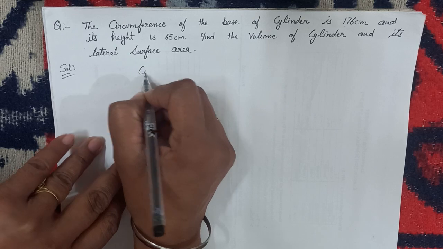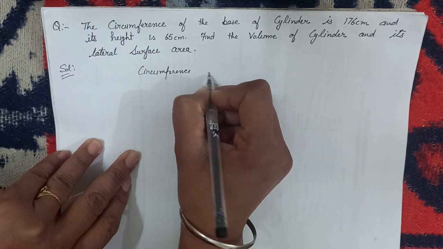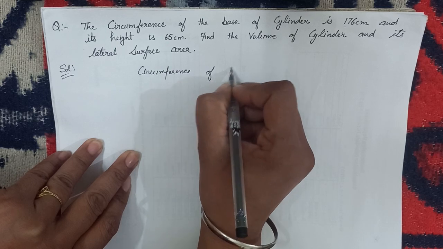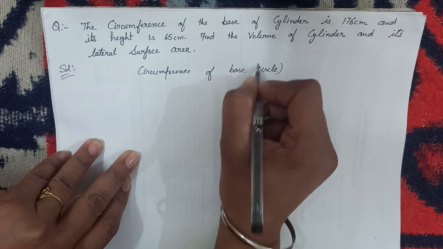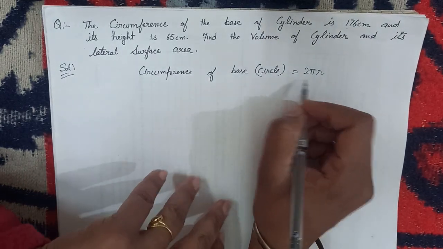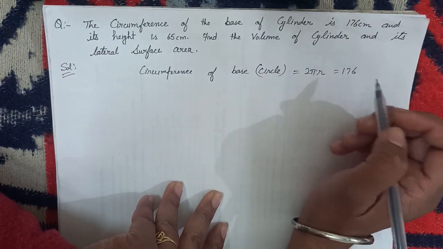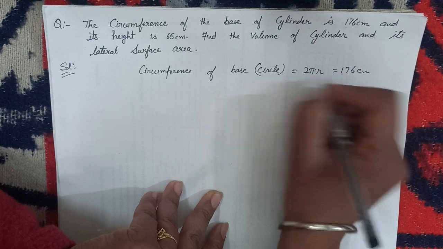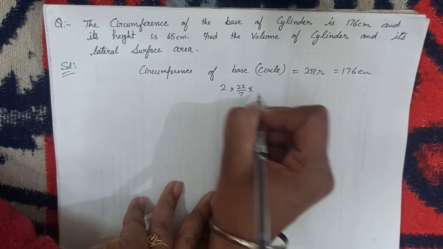Now circumference of the base, circumference of base means that's a circle, that is always 2 pi r. We are saying its formula is 2 pi r, but they have given us the value 176 centimeter. So these both will be equal. Now we will fill the values. This is 22 by 7 into r.